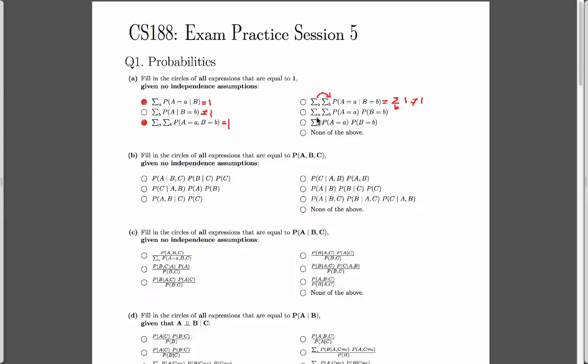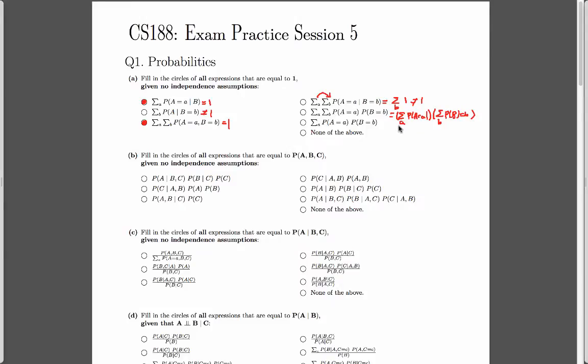Next, we see where we are multiplying probability of a and probability of b. And note that the probability of a only depends on the values of a and not on b. And similarly, the probability that b equals little b does not depend on the value of little a. So this is also equal to the summation over little a of the probability of a equals little a, times the summation over the little values of b of the probability that b is equal to little b.